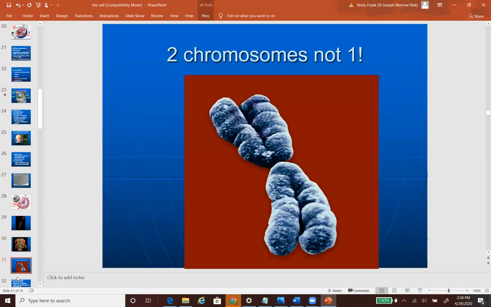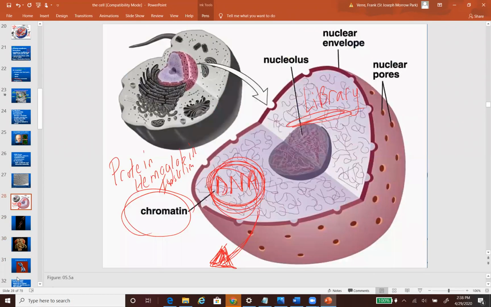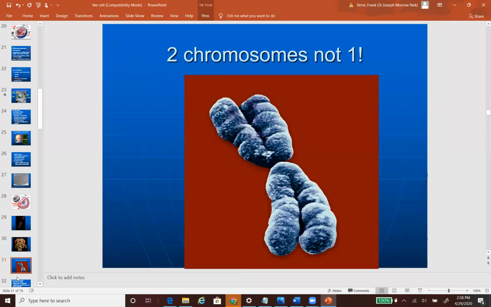This is what's called a chromosome. So a chromosome is when your chromatin that looks like a little spaghetti, it actually thickens up, it condenses, and it forms these things called chromosomes. So in that chromosome would be the DNA. We'll talk more about chromosomes when we talk about cell division, okay?